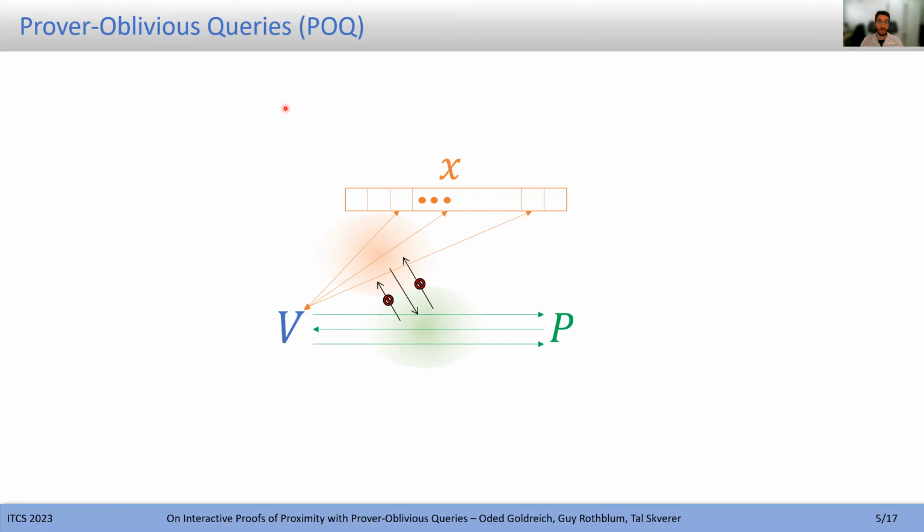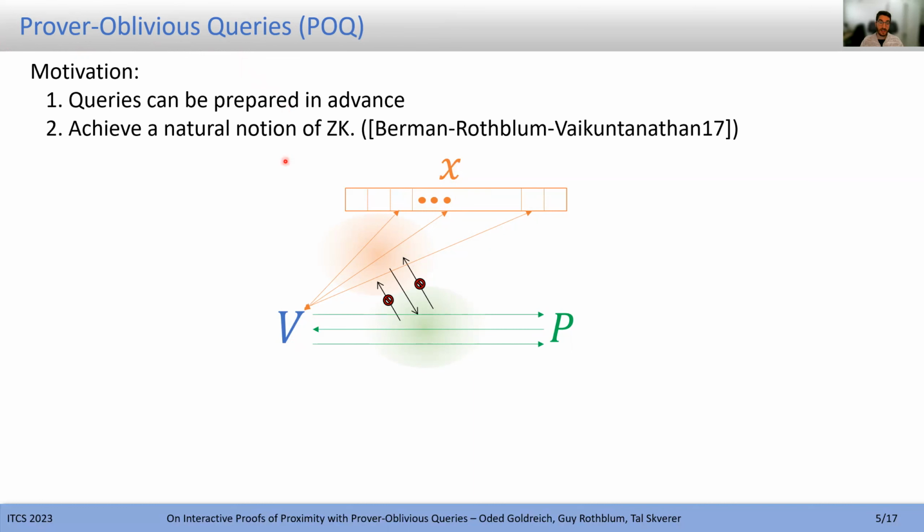And I said that this is natural, so here's some motivation for this type of restriction. If we have a protocol in which the verifier makes prover-oblivious queries, the queries can be prepared in advance of the prover coming. Even if the prover does not exist at this point and will come in the future and try to convince us that x belongs to some property, we can already ask the questions in advance.